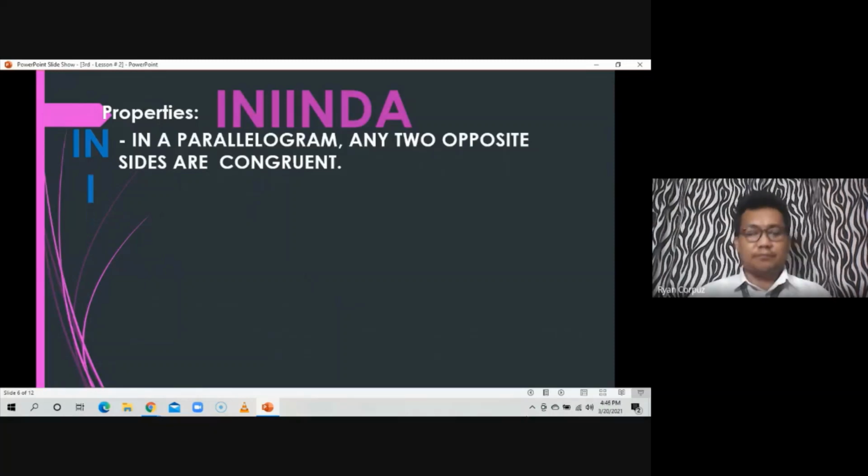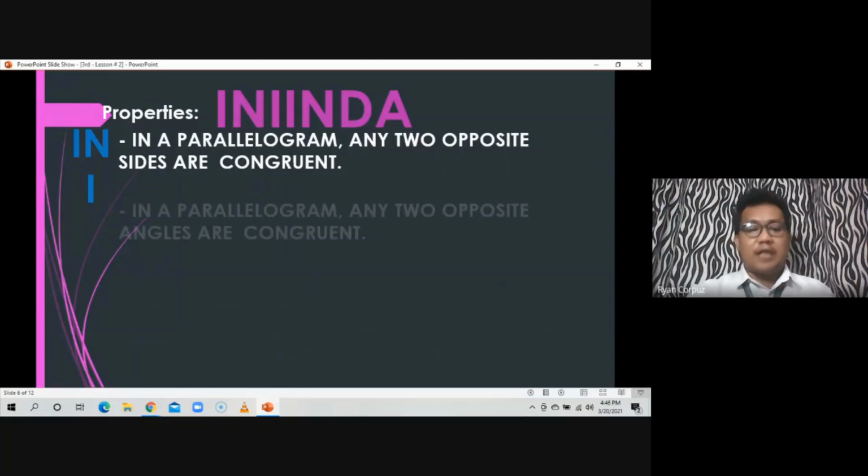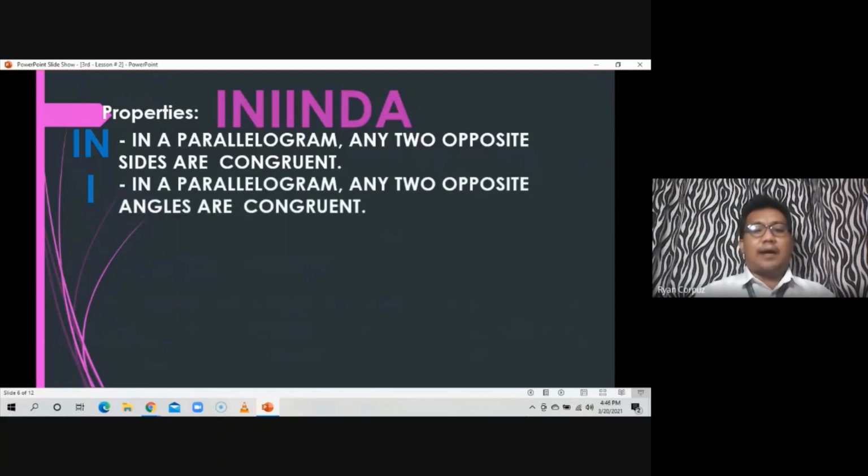Next, I. I stands for: in a parallelogram, any two opposite angles are congruent. We also mentioned this earlier through the conditions. So if you have a given parallelogram, the angle opposite to it is equal in measure, so they are congruent in measure, because according to the property, in a parallelogram, any two opposite angles are congruent.